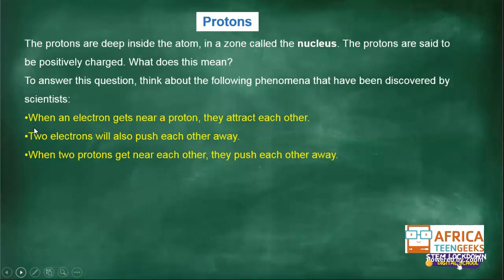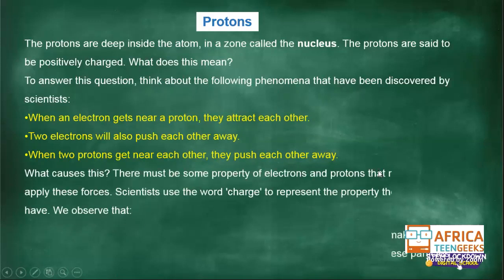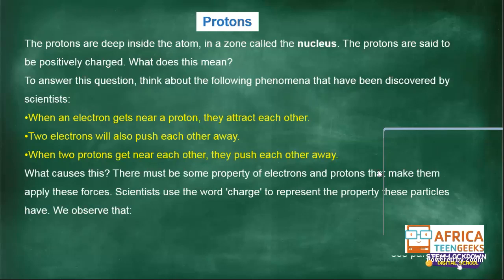So these were their deductions. They had separate deductions about how an electron reacts with a proton, how two electrons react together, and how two protons react together. And then they were theorizing and formulating their theory after they observed.